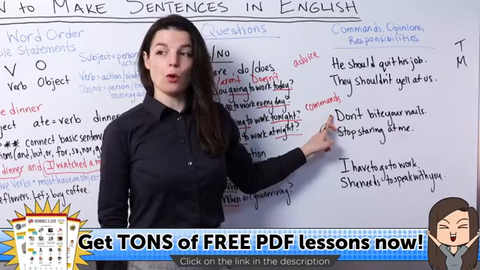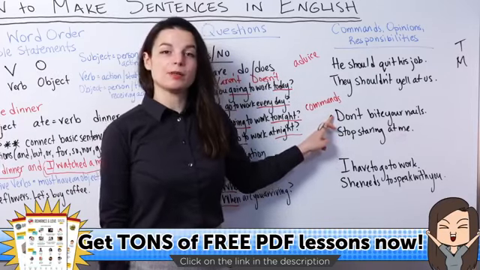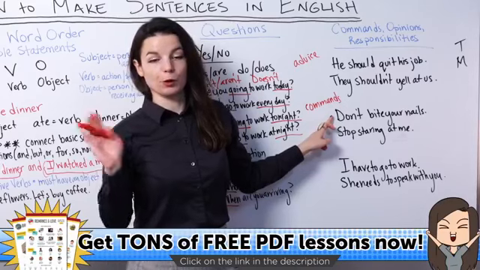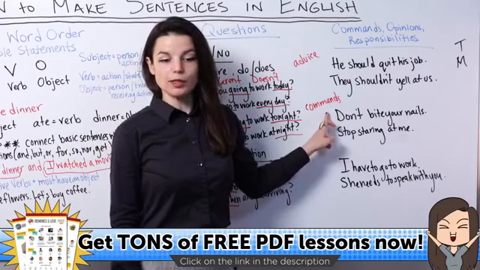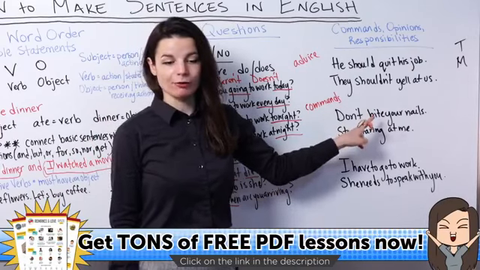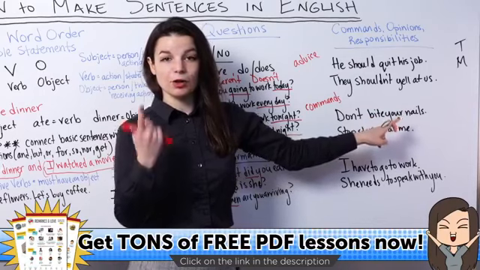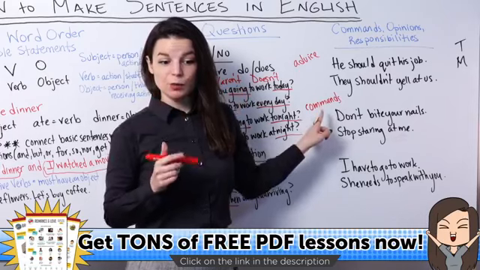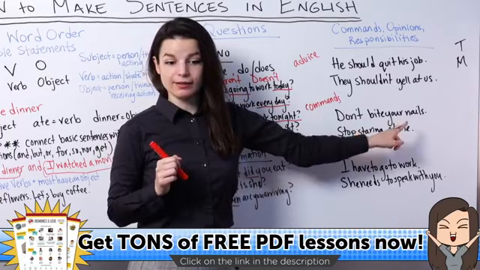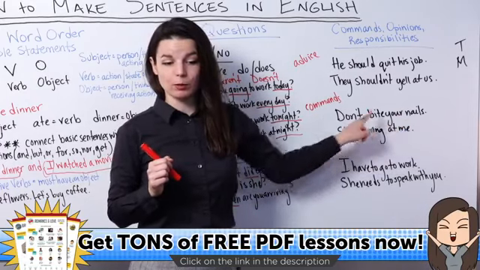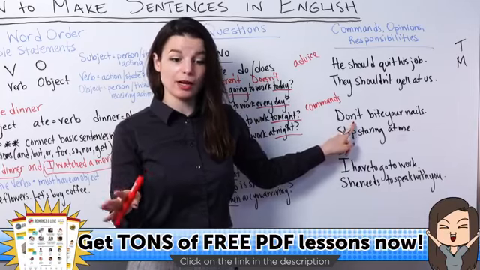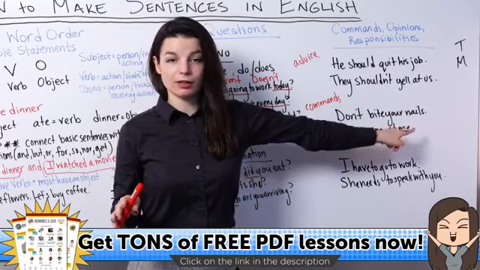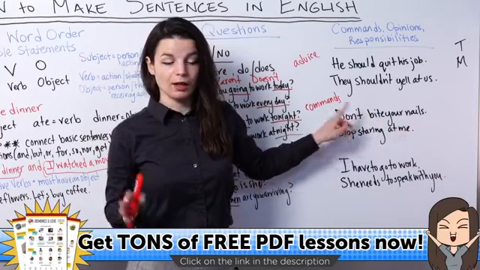Do or do not sometimes begins a command or a formal request. In this case, don't bite, verb, your nails. So your nails is this part of your body, like some people bite their nails. So don't bite your nails. This is a command form expression with a very clear don't. Do not, verb, object.